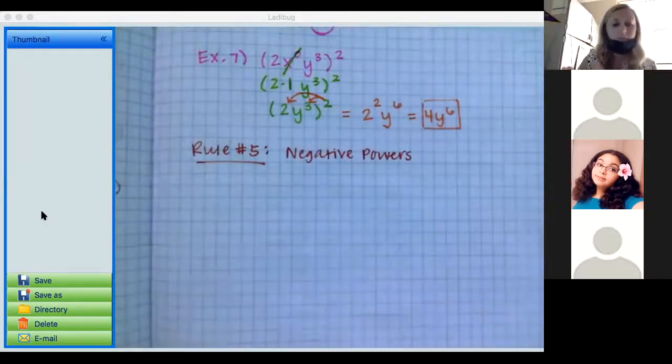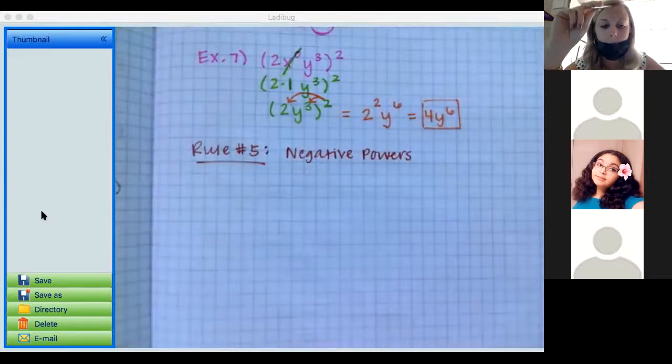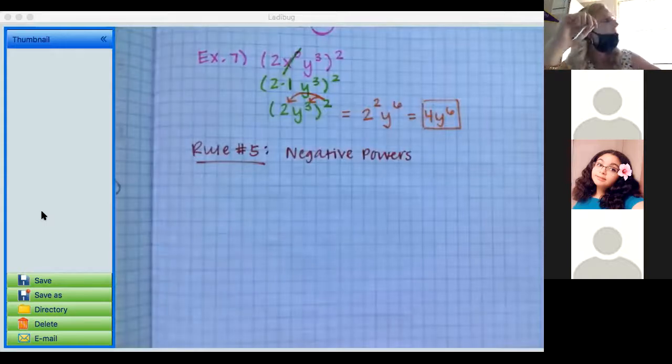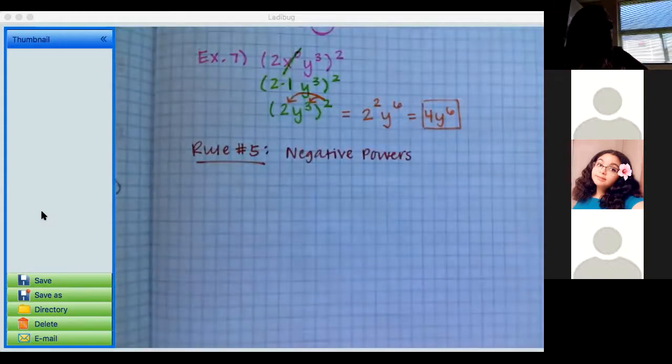Negative powers. Jordan, can I use you as an example? It's not a bad thing. If I tell Jordan to go run around the track 2 times, can he do it? Yeah. If I tell Jordan to run around the track 8 times, can he do it?